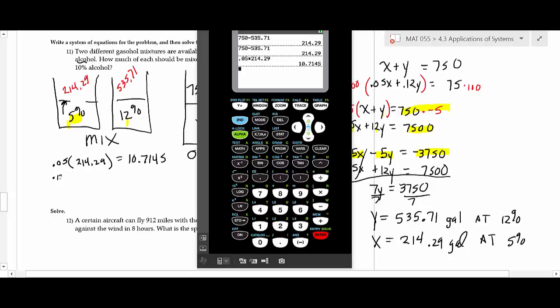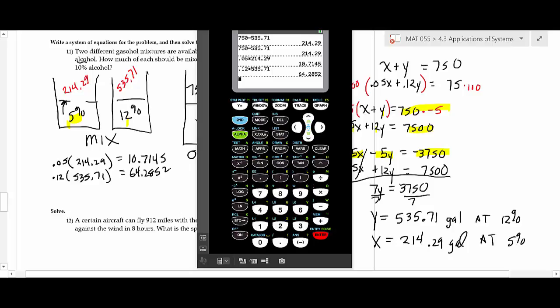Then if I do 12% of 535.71 on my calculator, that's going to give 64.2852.